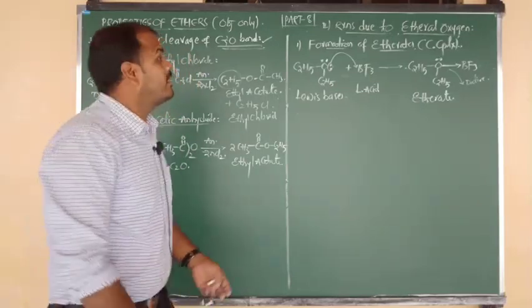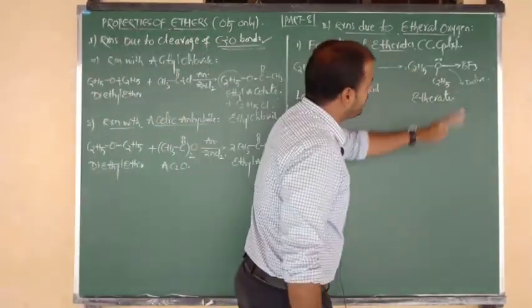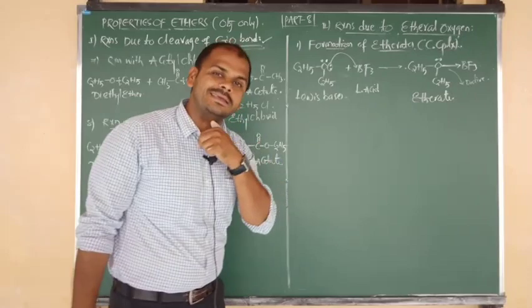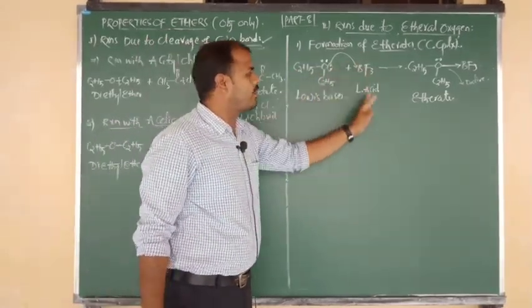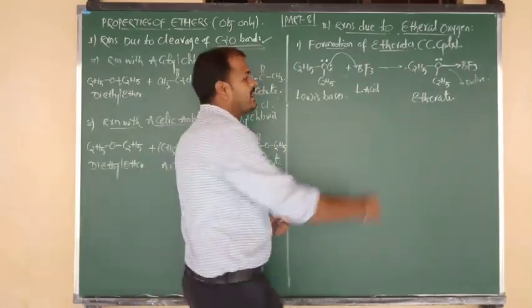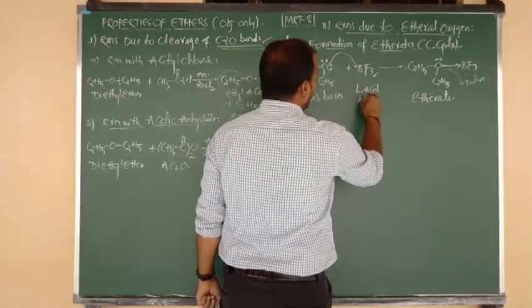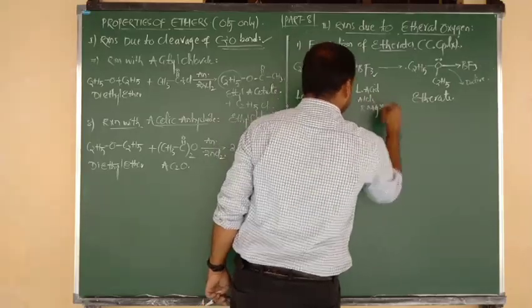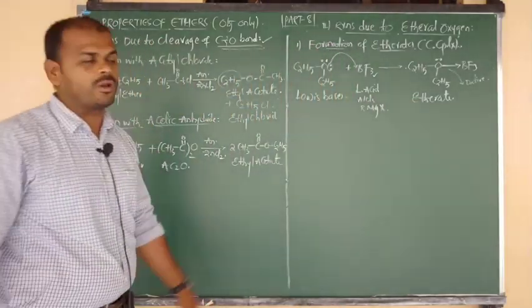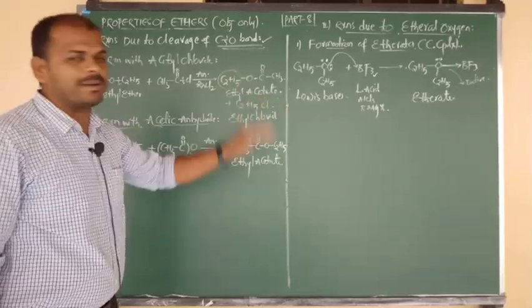Understood? So ethers form coordination complexes. In that case, ethers are Lewis bases. They undergo reaction with Lewis acids like BF3, and also we can consider AlCl3 and Grignard reagent. All of them are responsible for forming etherates with ethers.